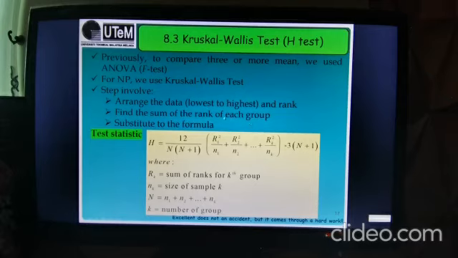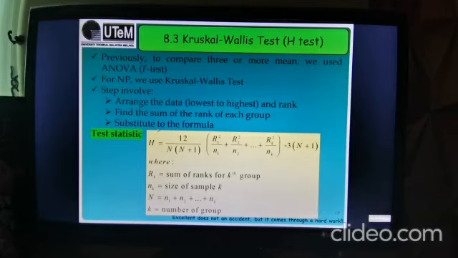Each group, because this test is for more than 2 populations, isn't it? But we usually don't have populations, so if we have more than 2 samples, or more than 2 groups, then that is the condition to use the Kruskal-Wallis test.